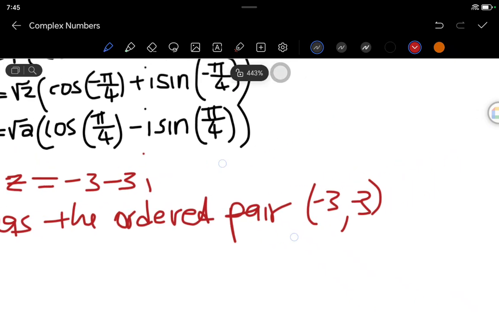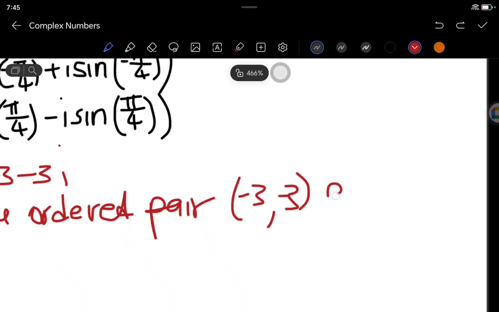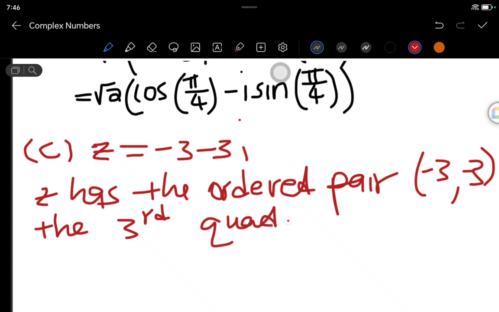So if we try to check, here it's negative, here it's negative. So this is the third quadrant. You see, right? So they're in the third quadrant if they're both negative. And z is in the third quadrant, and in the third quadrant, that's where we are going to subtract pi, right?